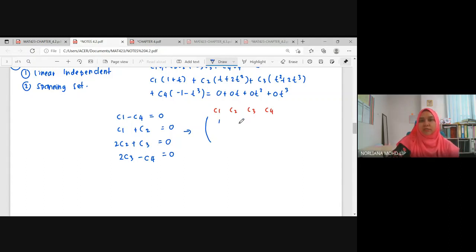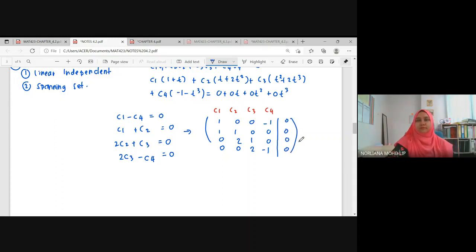Masukkan 1, 0, 0, negative 1. Okay, kita dah masukkan dalam ni.